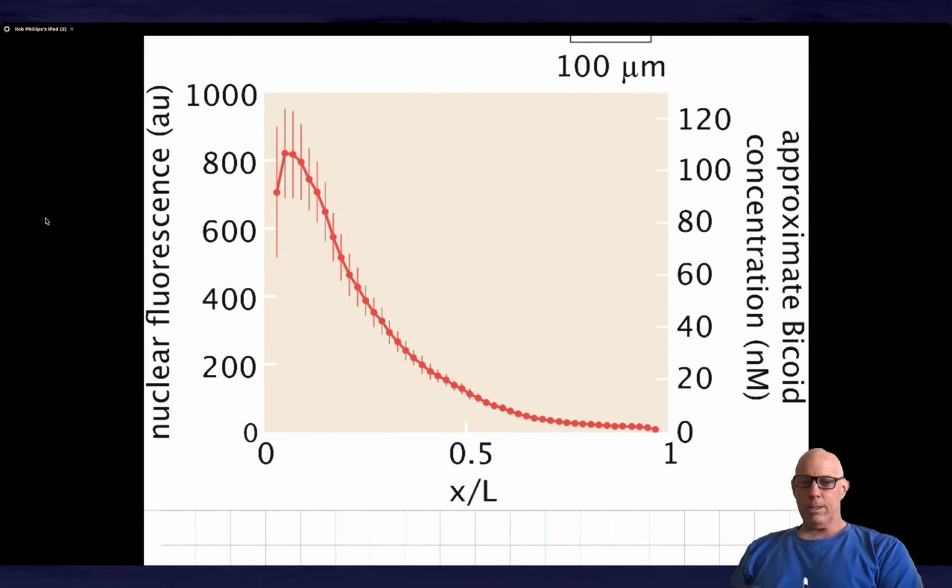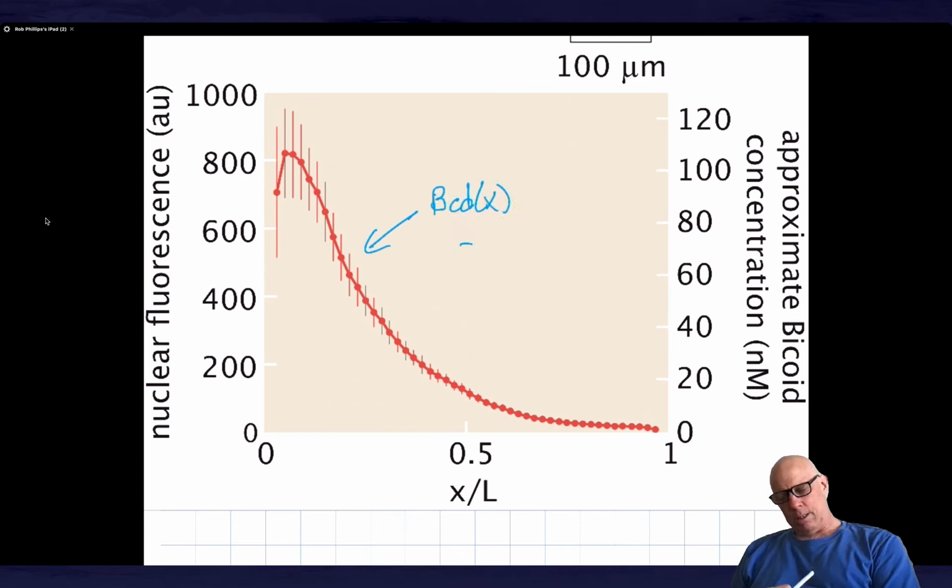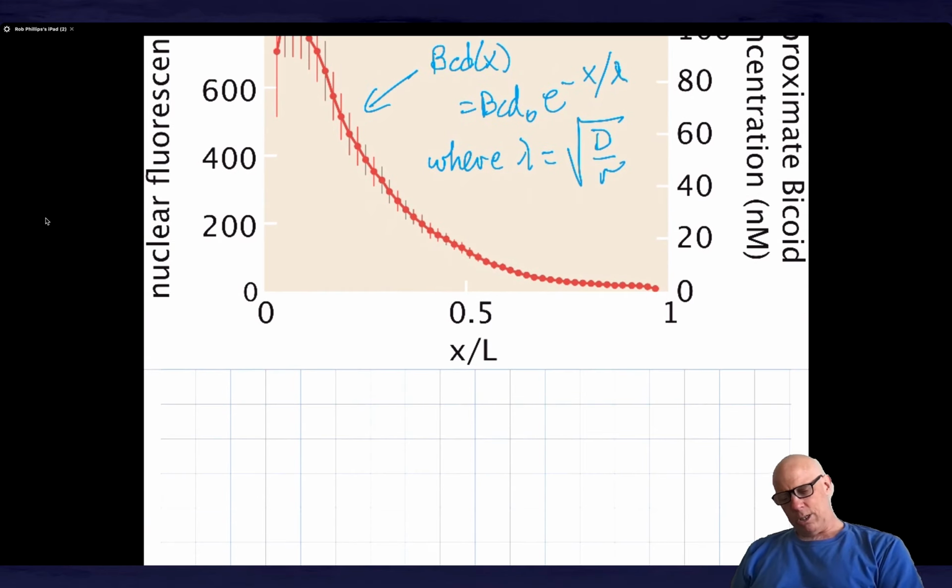And what we found is that we expect an exponential profile, bicoid of x is equal to bicoid at 0, e to the minus x over lambda, where, and this is big stuff, lambda is equal to square root of D over r. Let's just check that out.